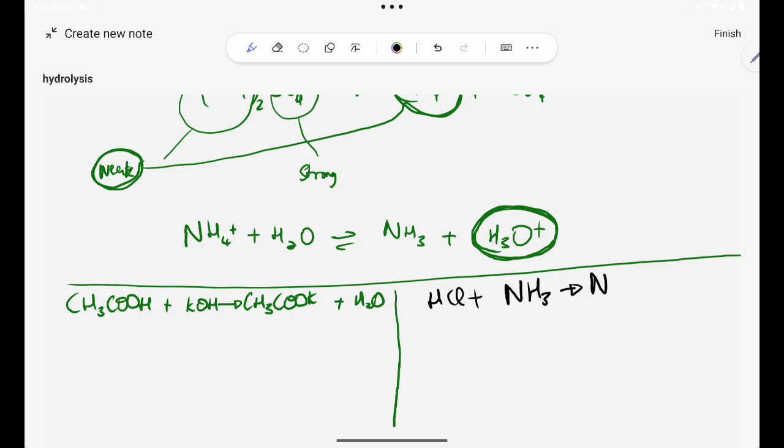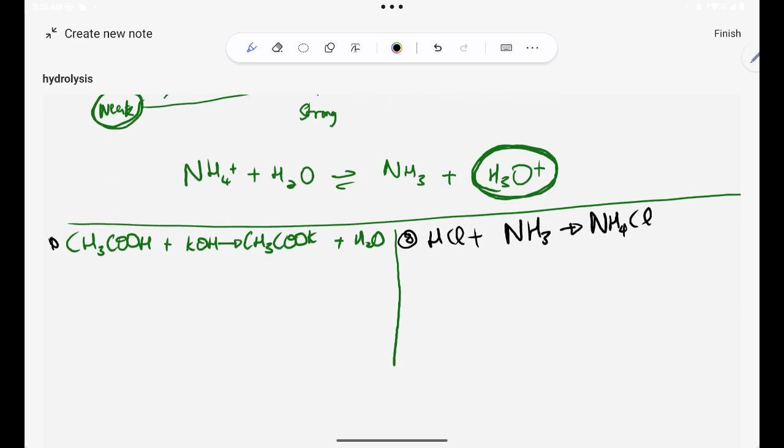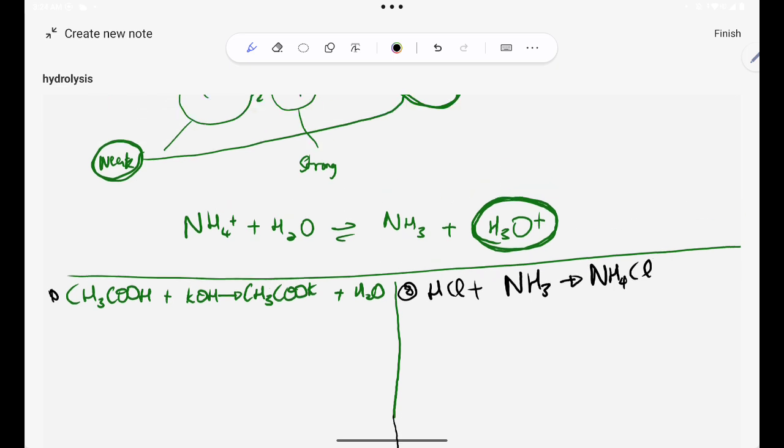This will give us NH4Cl. This is reaction 1 and reaction 2. You can pause the video and perform hydrolysis, and do tell me whether reaction 1 is acidic or not, and whether reaction 2 is acidic or not. You can write your answer in the comment section.